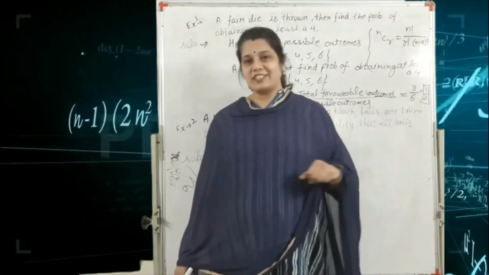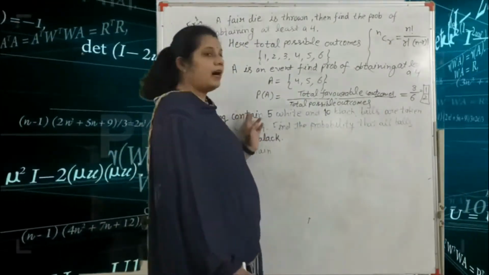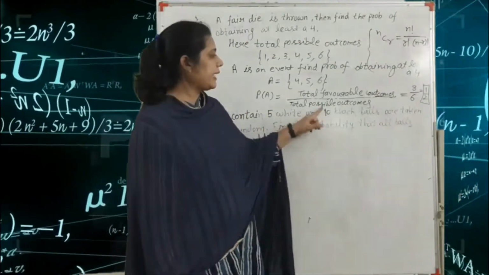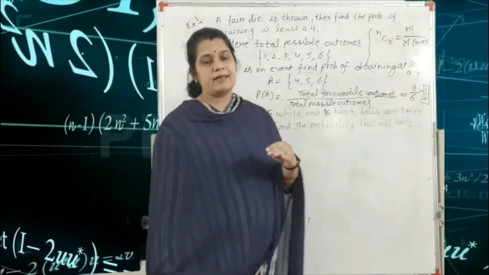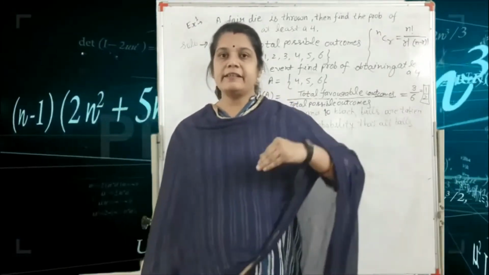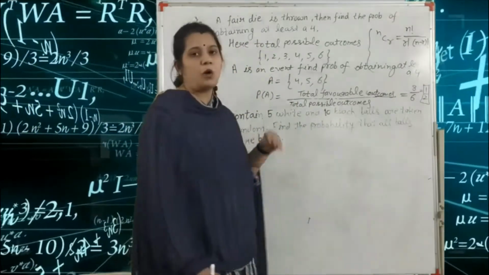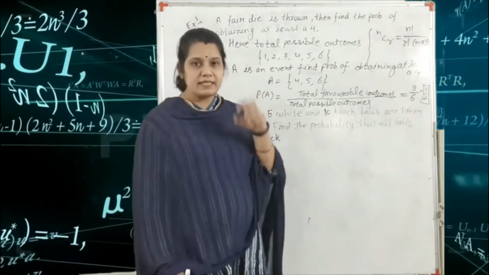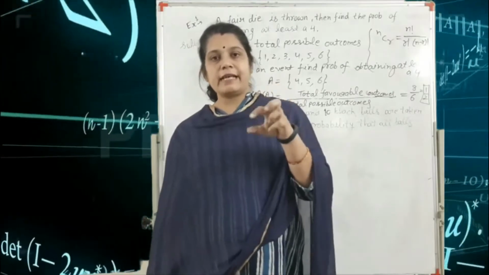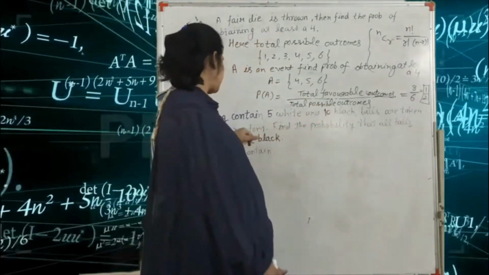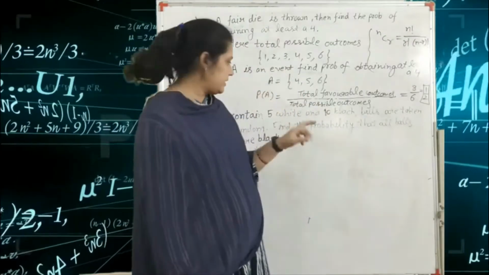Okay, your next question is: a bag contains 5 white balls and 10 black balls, which are taken out at random. That means in a bag, 5 white and 10 black balls are included and taken out randomly.